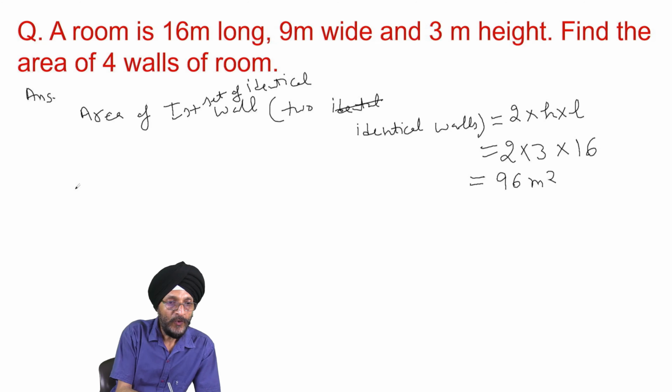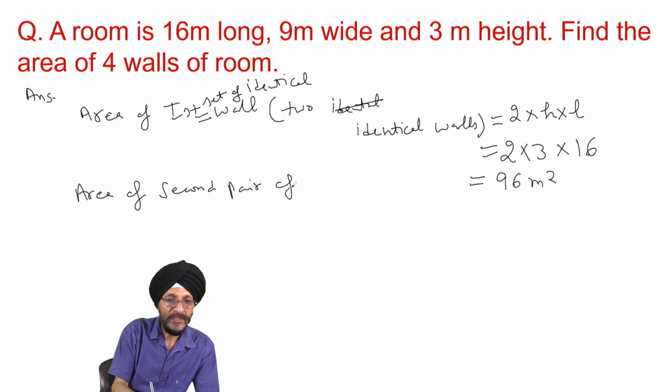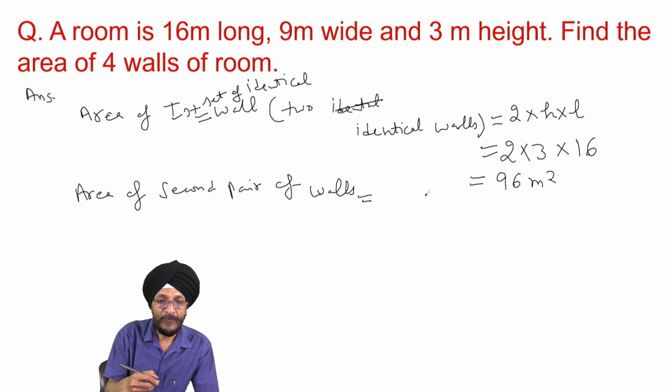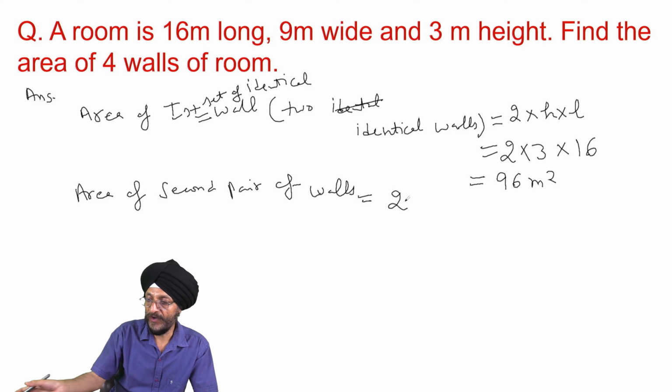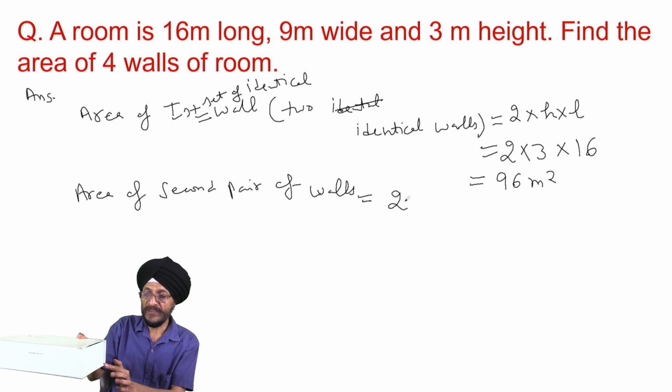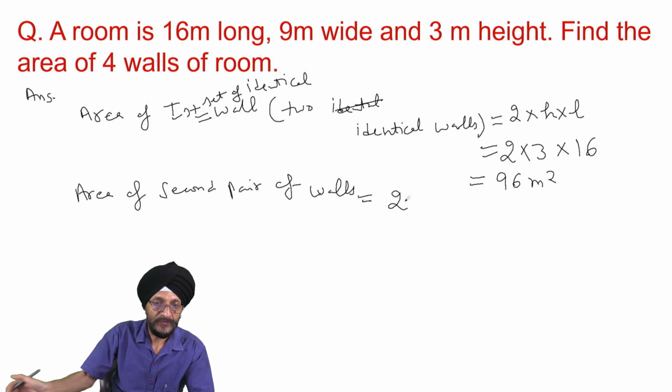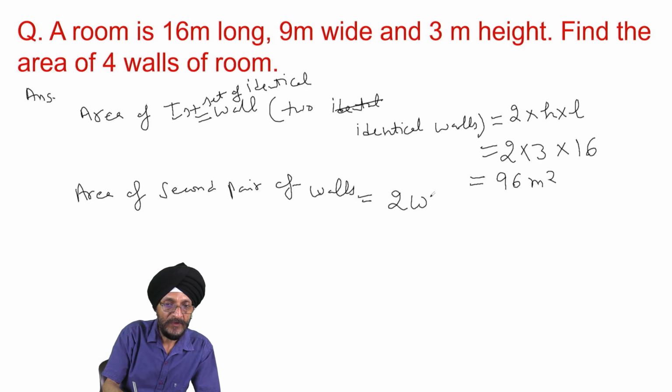So now we will find out the area of the second pair of walls. The first pair of walls we have calculated and now it is the turn of the second pair of walls. Now, what is the second pair of walls? This is the width and this is the height. We will put in the relevant values.